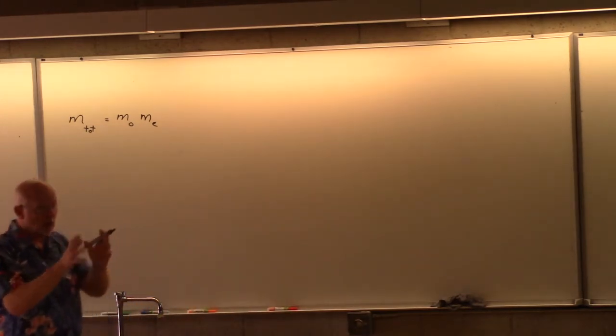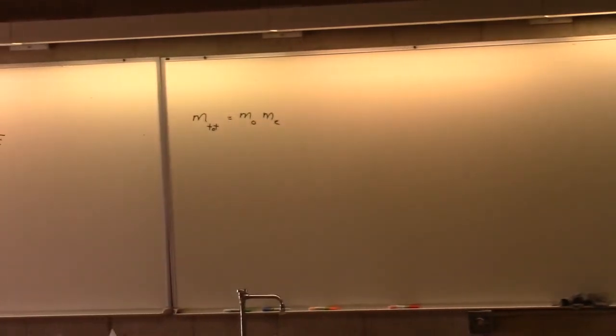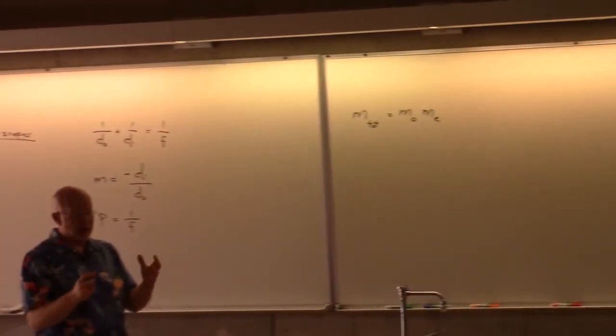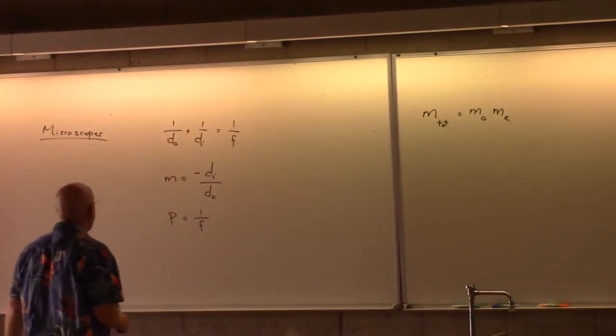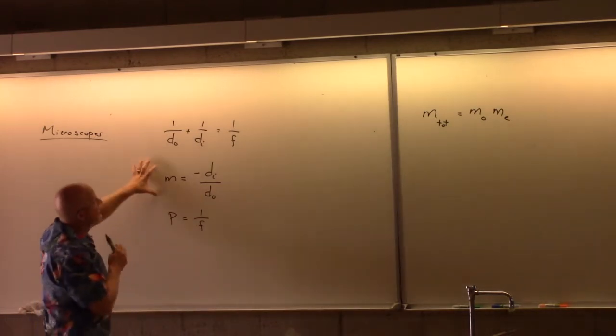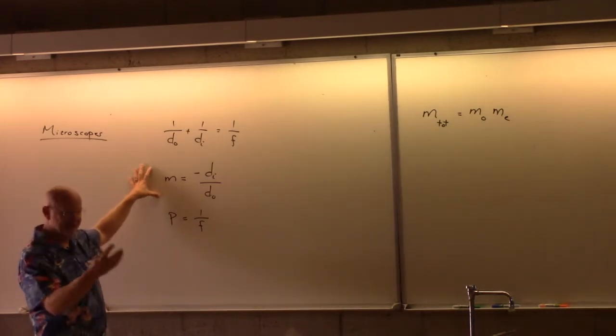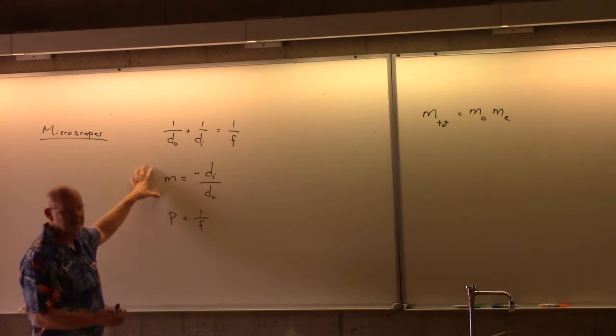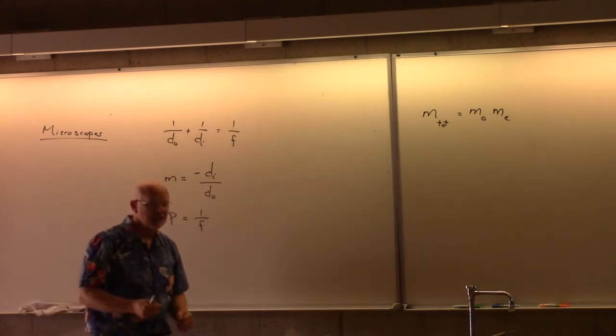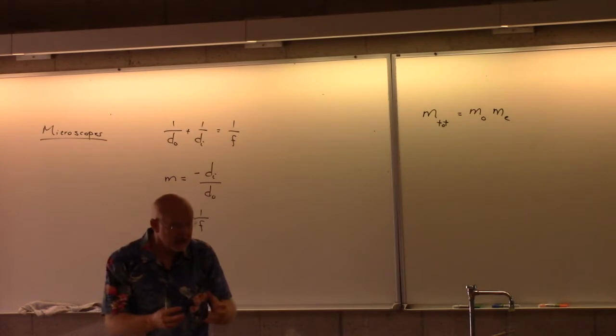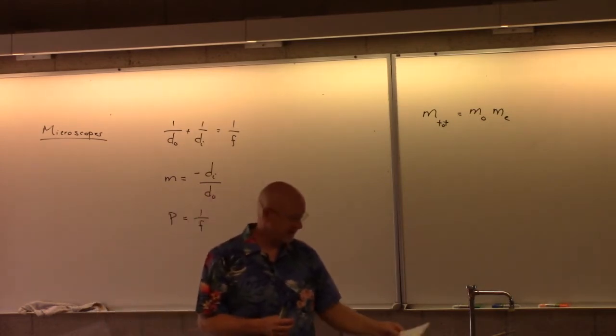And so basically what I'm trying to say for a microscope, and if we had time to do the telescope, I would say the same thing, that we're just going to apply this set of equations twice, because we're going to have 2 lenses. And for the second lens, the object of the second lens is the image from the first one.